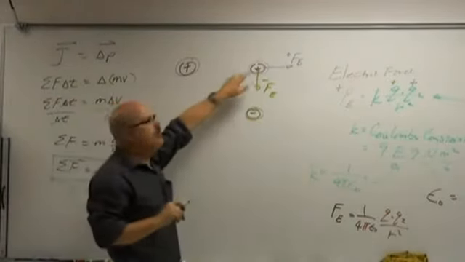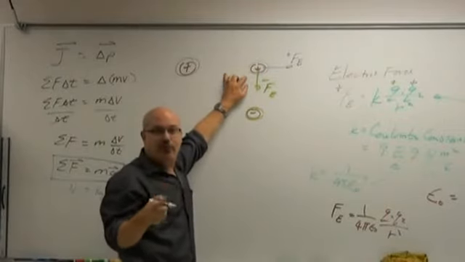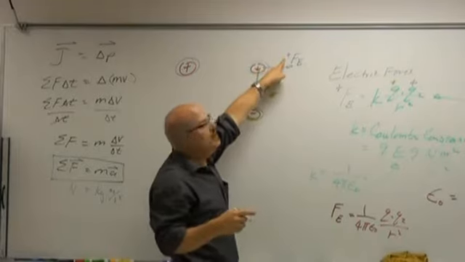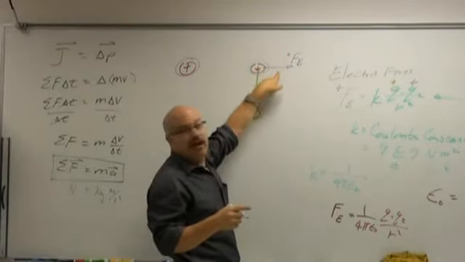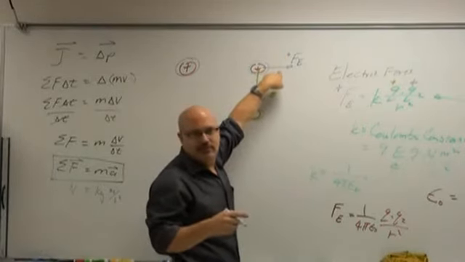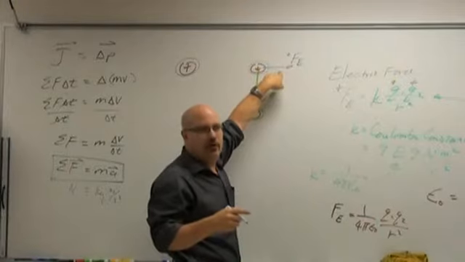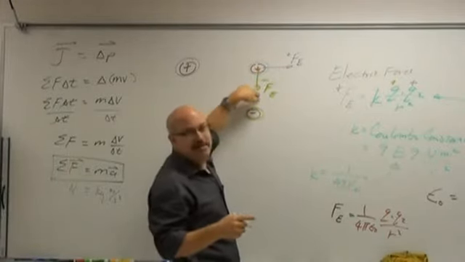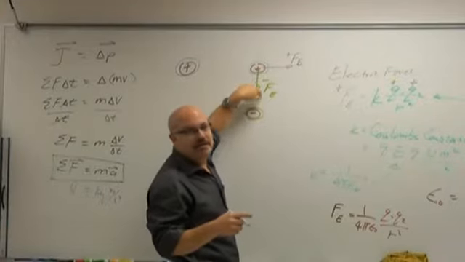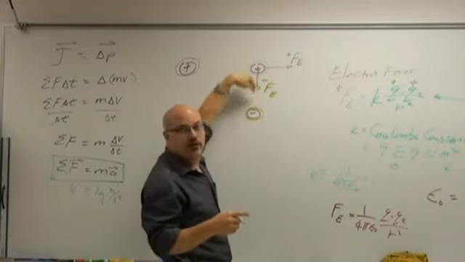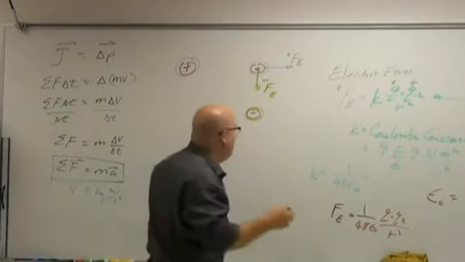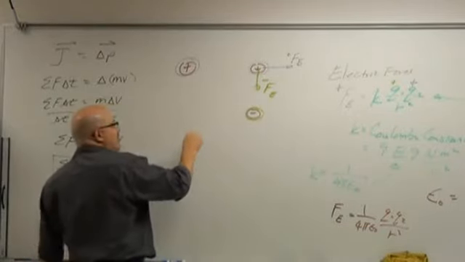Now, here's our dilemma. You need to be very careful with this equation, because positive does not mean to the right. It means out along the radius. Negative doesn't mean down. It means in along the radius, towards the other one. The problem we end up with is if we have something like this.